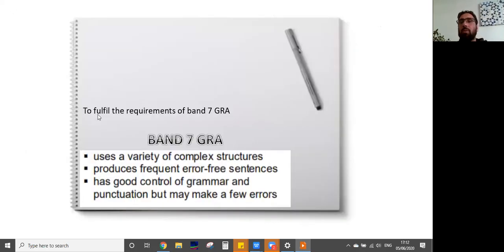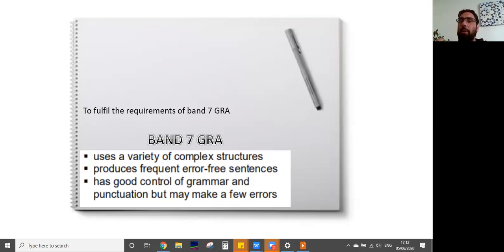Okay, so here we have basically Band 7 GRA. We talked a little bit about that last lesson. I told you what complex sentences are. Relative clauses are complex sentences. So as a requirement of Band 7 GRA, uses a variety of complex structures.